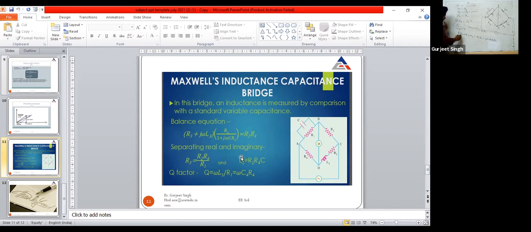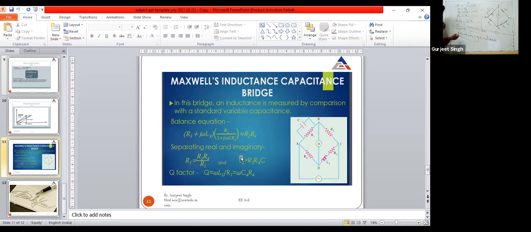So this one is the real part, and this one is the imaginary part. We will compare the real part with the real part, and the imaginary part with the imaginary part of these two equations.